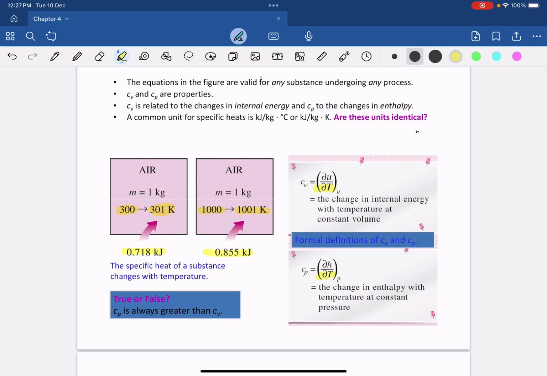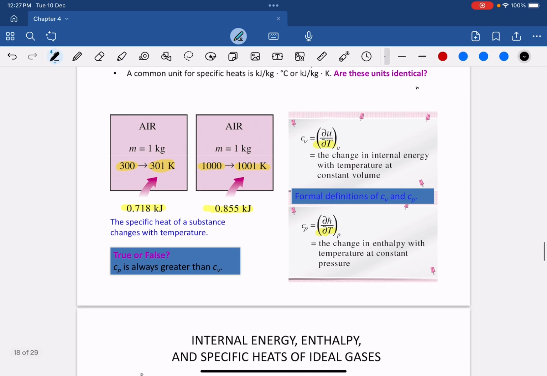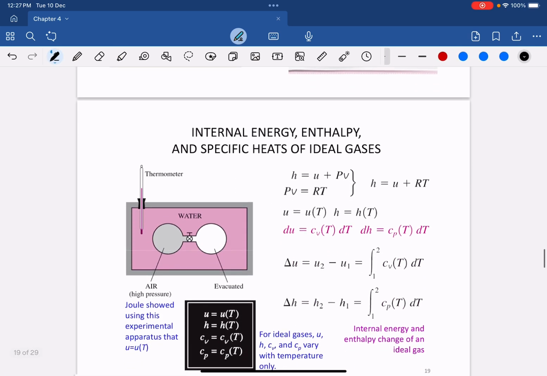So if you are dealing with a process at lower temperature, you only require a small amount of heat to change its enthalpy or its internal energy. Here is the relation between internal energy, enthalpy, and specific heat for ideal gas. Remember, this is specific to ideal gas. You can only use this equation and relation for ideal gas, not pure substances.